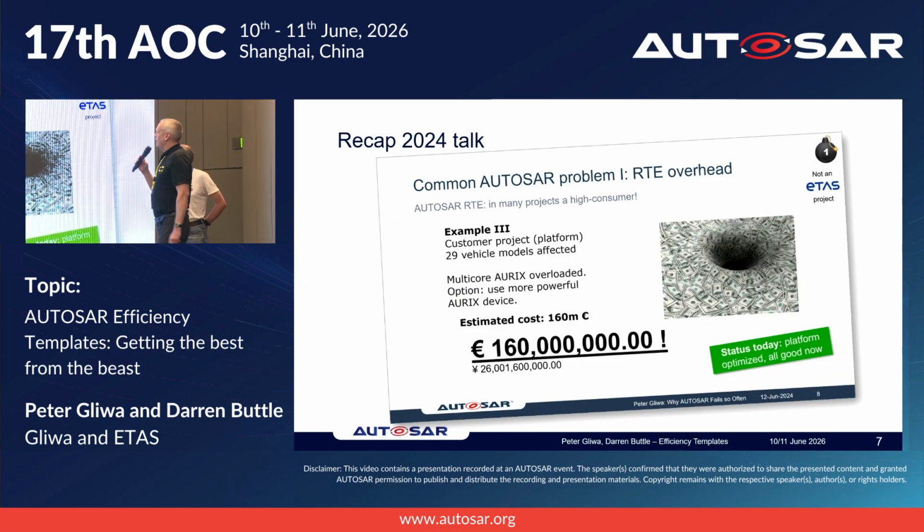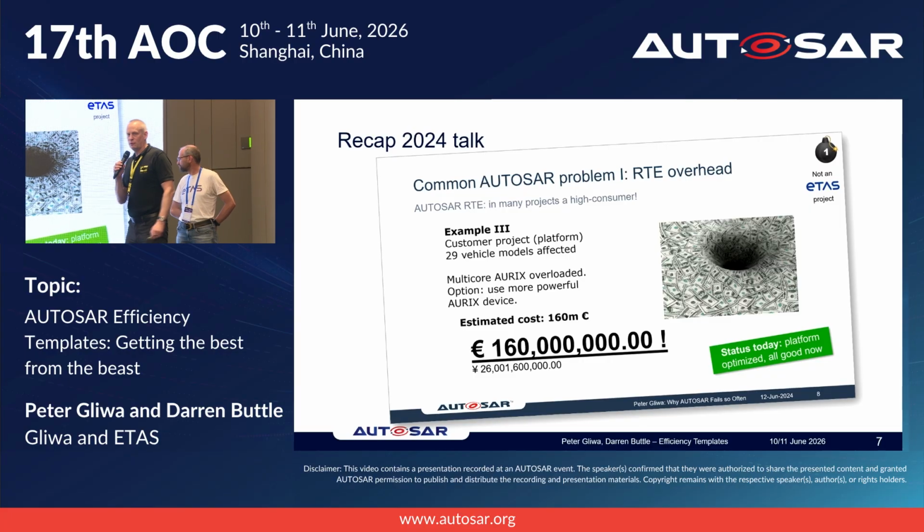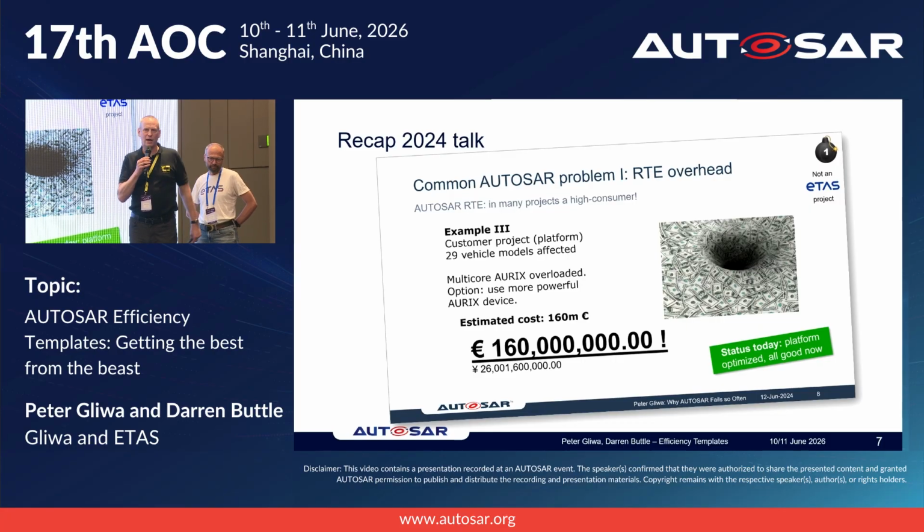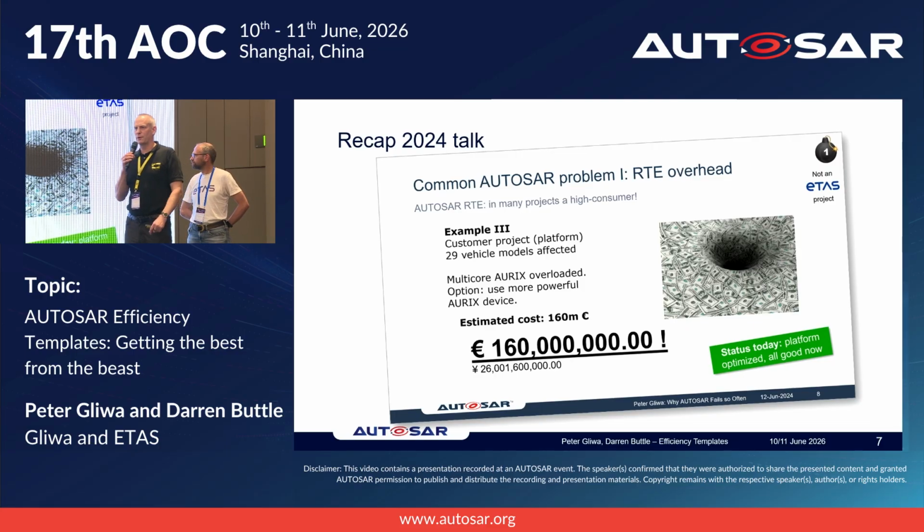So, and finally here, this example where the processor was overloaded and the customer, again, a platform, of course, evaluated the costs of using a more powerful device and having to spend more money on that, and to give a lot of money to the suppliers who would all need to change their software and so forth.